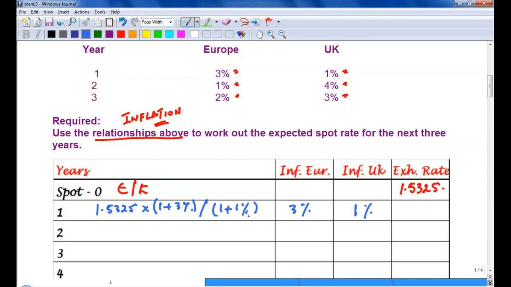It's very, very simple, candidates. 1.5325 into 1.03 divided by 1.01, that is 1.5628.